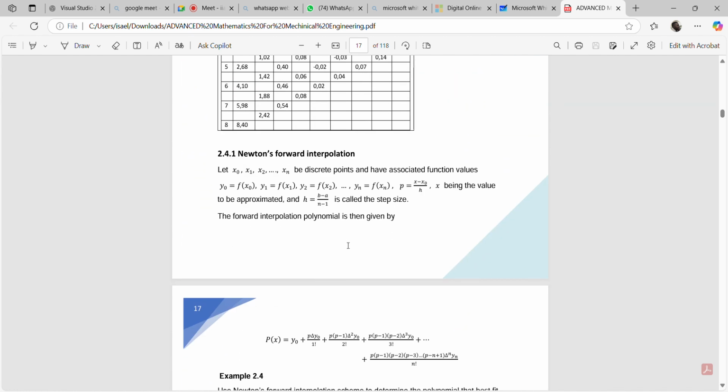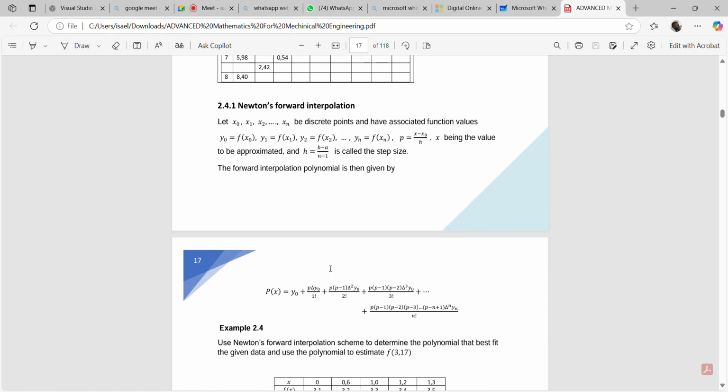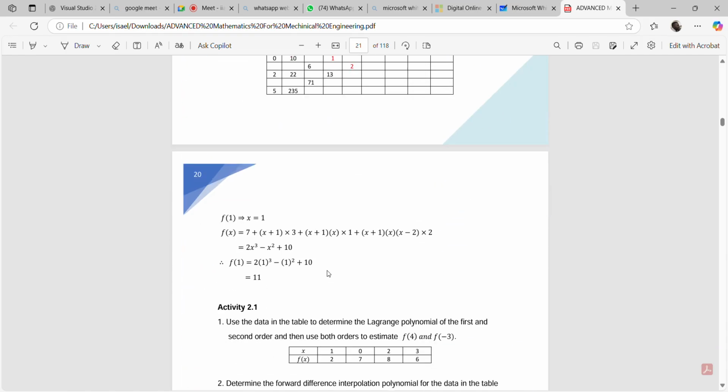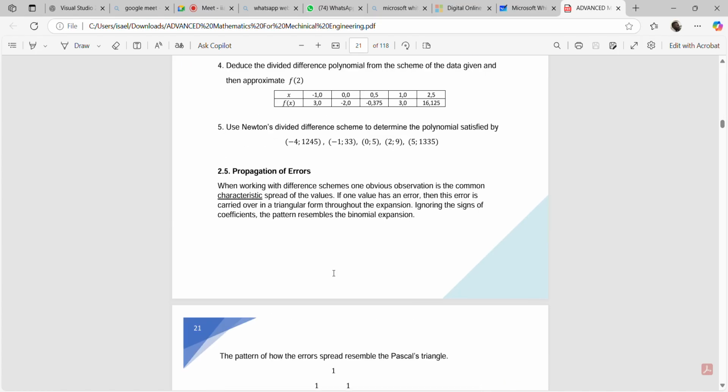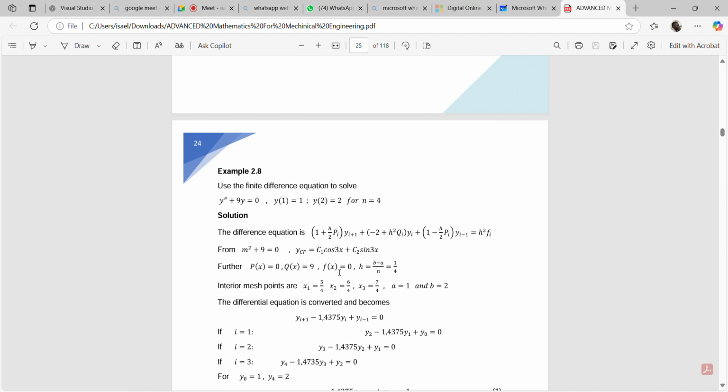So meaning that, whatever we're doing, when we get a question that says to use the finite difference equation at the interior mesh points, no, no. There are a lot of ways of solving a differential equation.